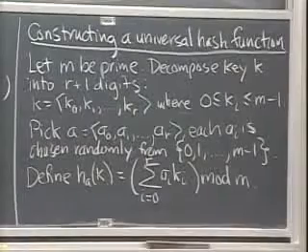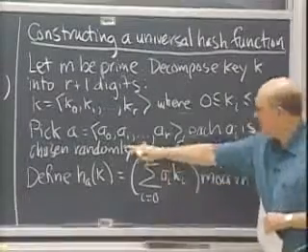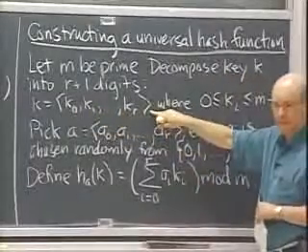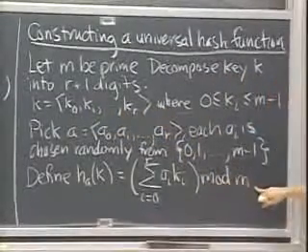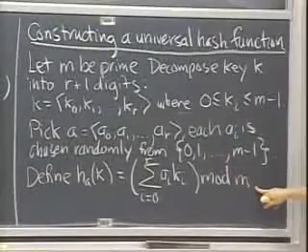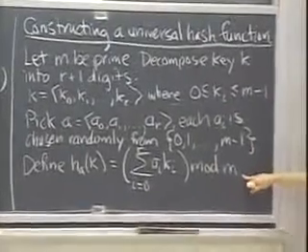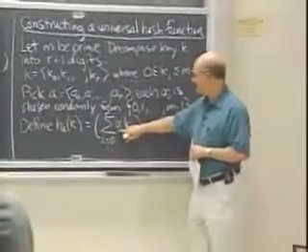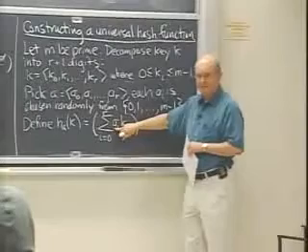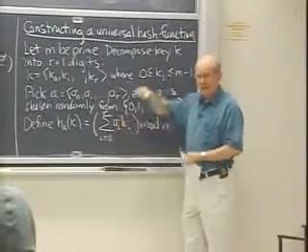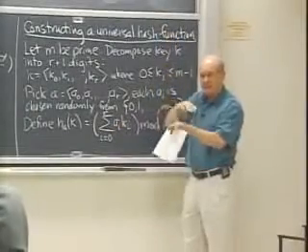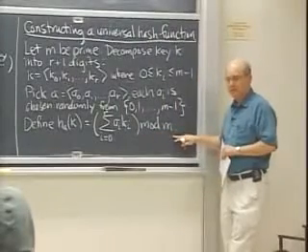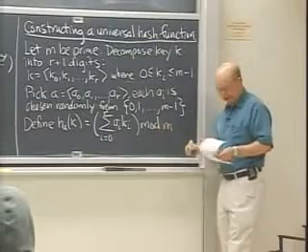So what we do is we dot product this vector with this vector, and take the result mod m. So each digit of our key k gets multiplied by a random other digit. We add all those up, and we take that mod m. So that's a dot product operator.